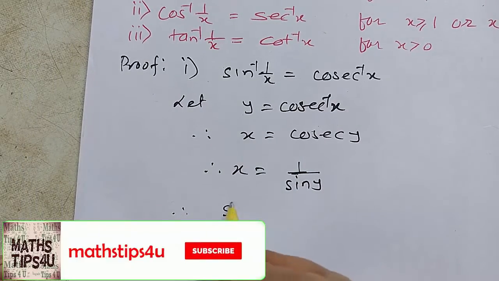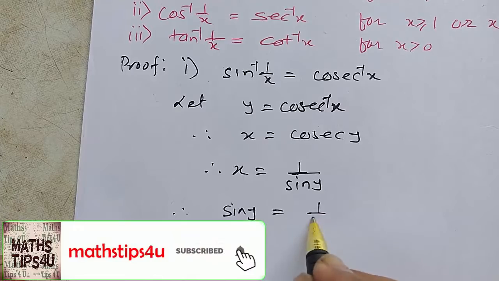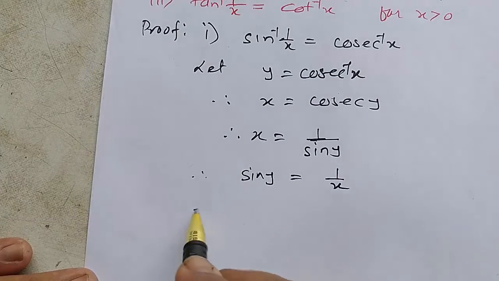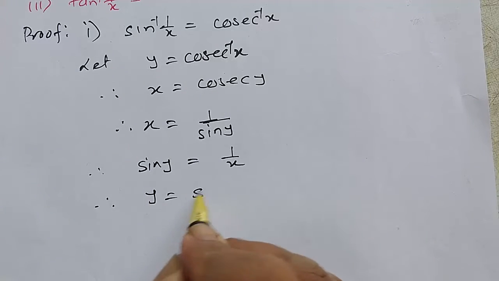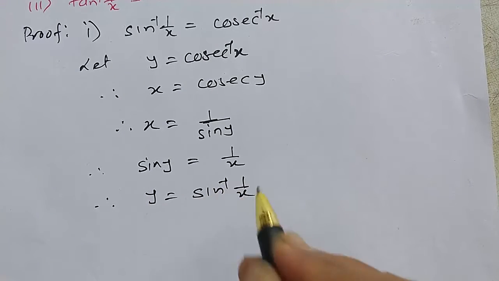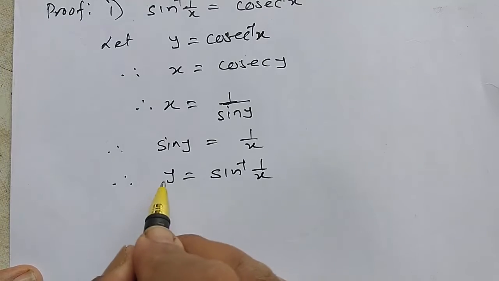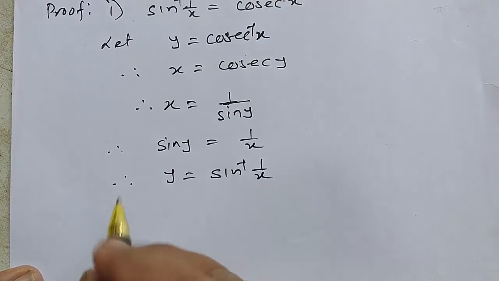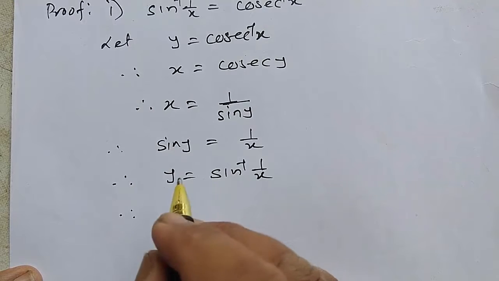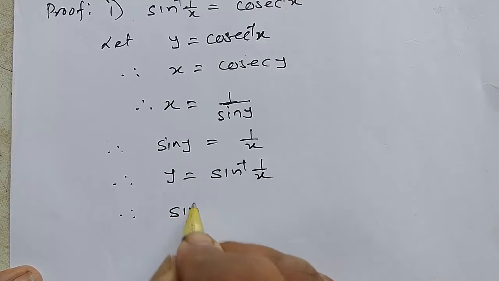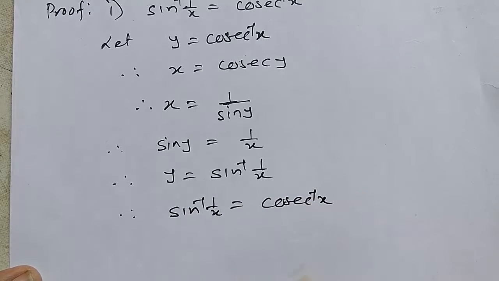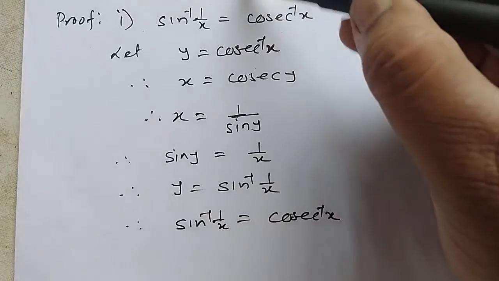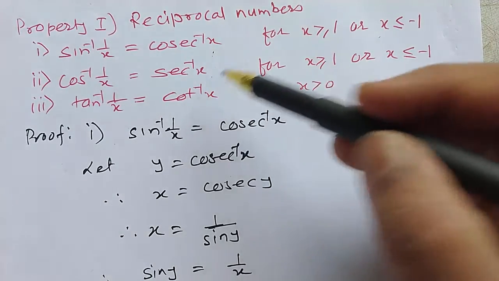Therefore, sin y is equal to 1 upon x. Therefore, again by definition, by inverting, y is equal to sin inverse of 1 upon x. And y is equal to cosec inverse of x. Therefore, sin inverse of 1 upon x is equal to cosec inverse of x. Hence the proof. Similarly, we prove the other two results.